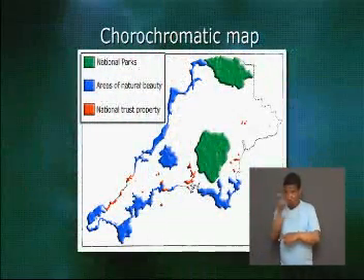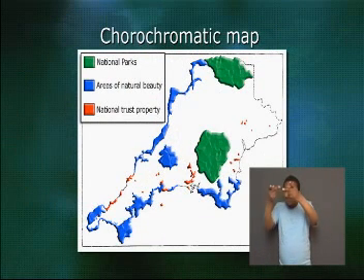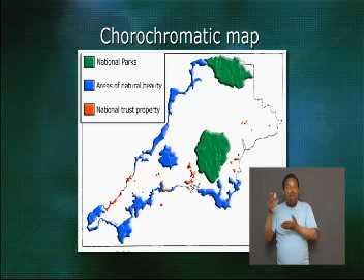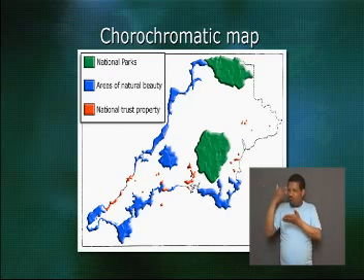Well done, students. I am sure that was an easy activity for you. A chorochromatic map shows the spatial distribution of geographic elements using color tints, shading, dots, or line symbols.